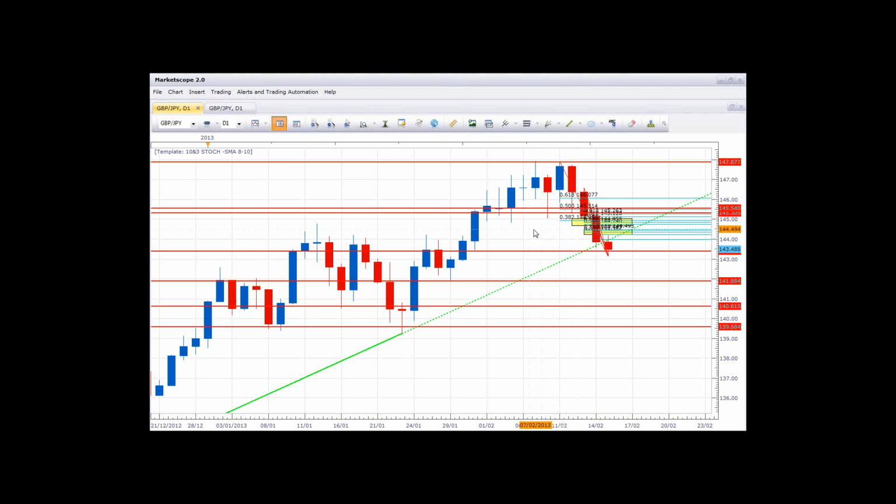Notice this is also the same pattern with the dollar yen based on the daily chart. 1, 2, 3, 4 in a row dropping, but it has a probability that it can reverse to go to the upside.